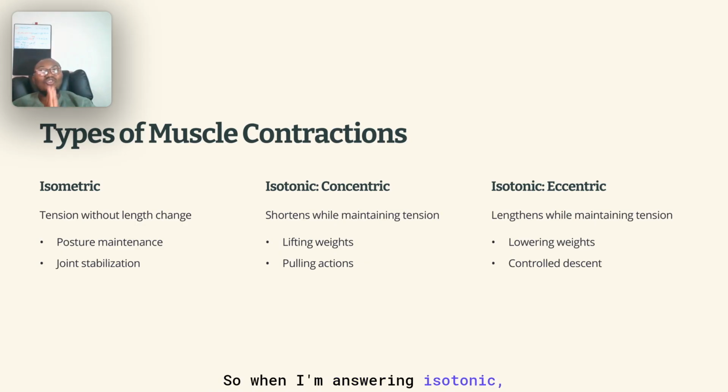When I'm asking isotonic eccentric, you have to tell me that the muscle lengthens, but tension remains constant. That's eccentric. But when I'm asking concentric, tell me that the muscle shortens, and the tension remains constant. It's very important for you to know this.